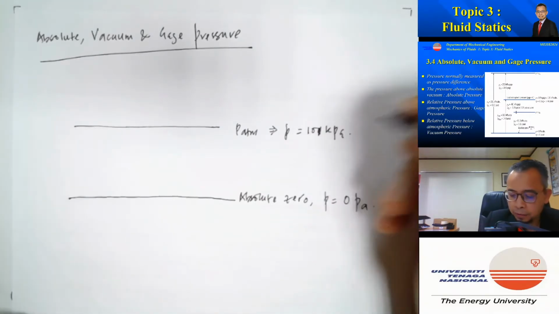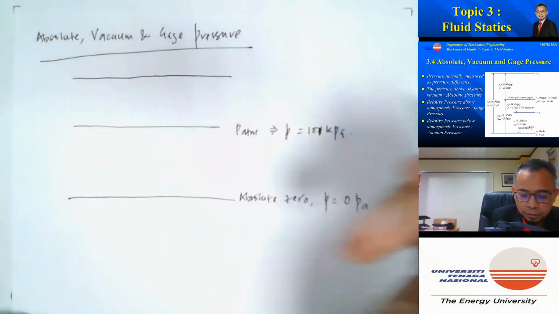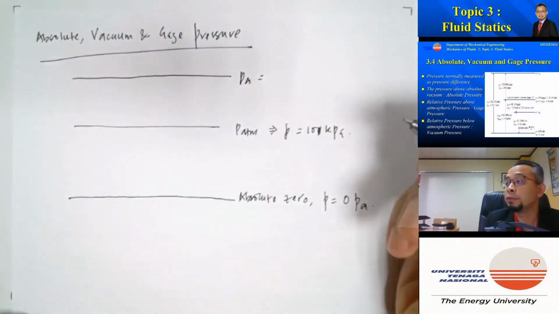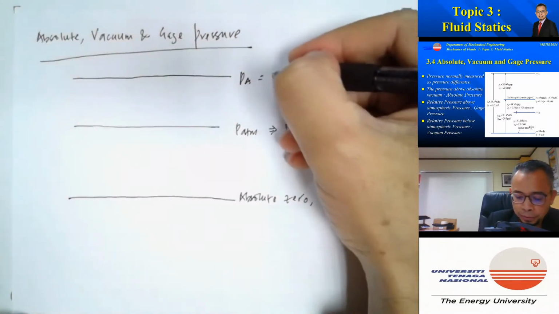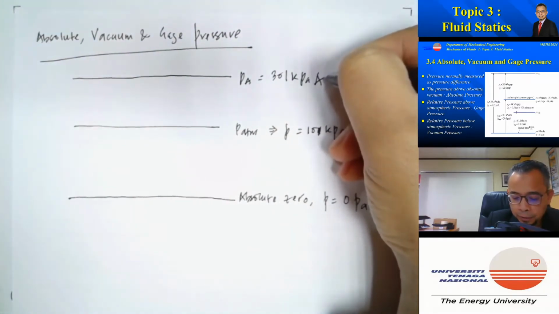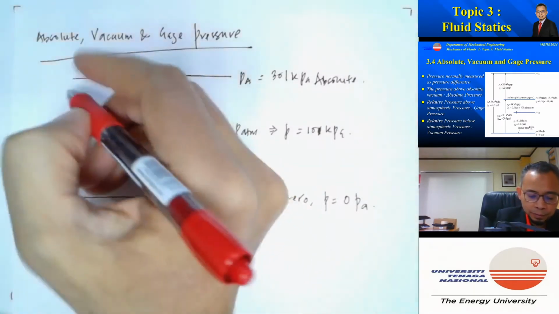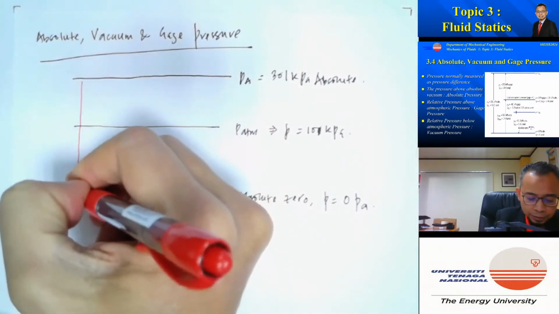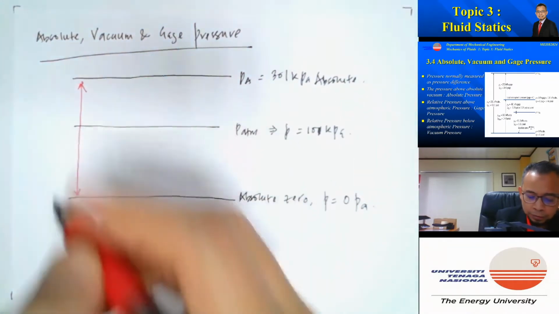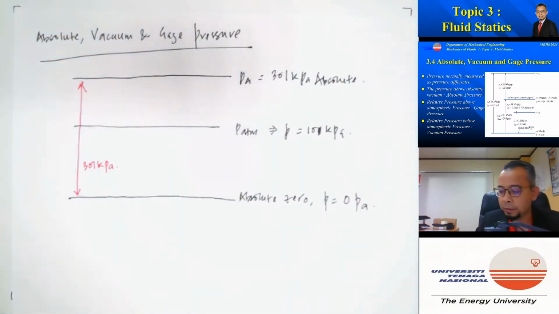101 kPa, and let's say the pressure at A here, PA, is equal to 301 kPa absolute. So the height of this is 301 kPa.